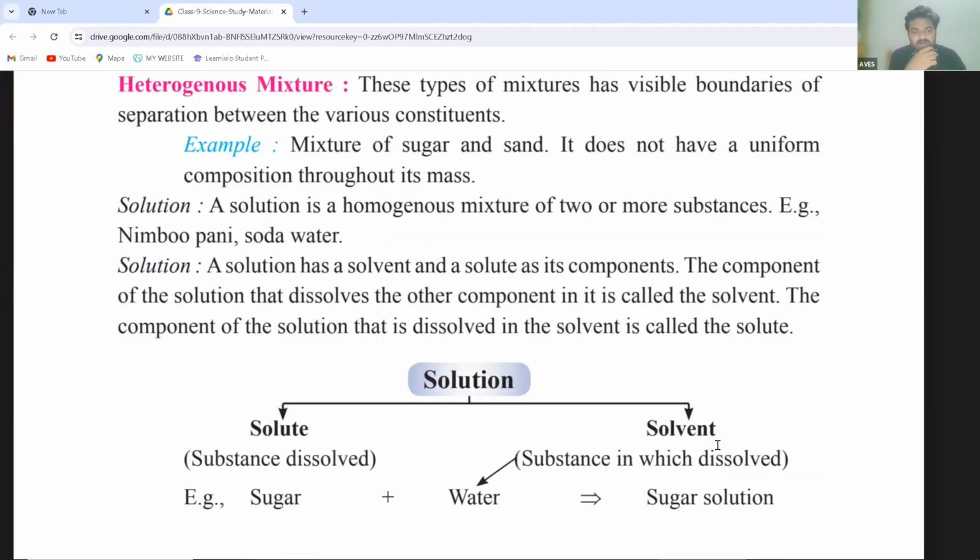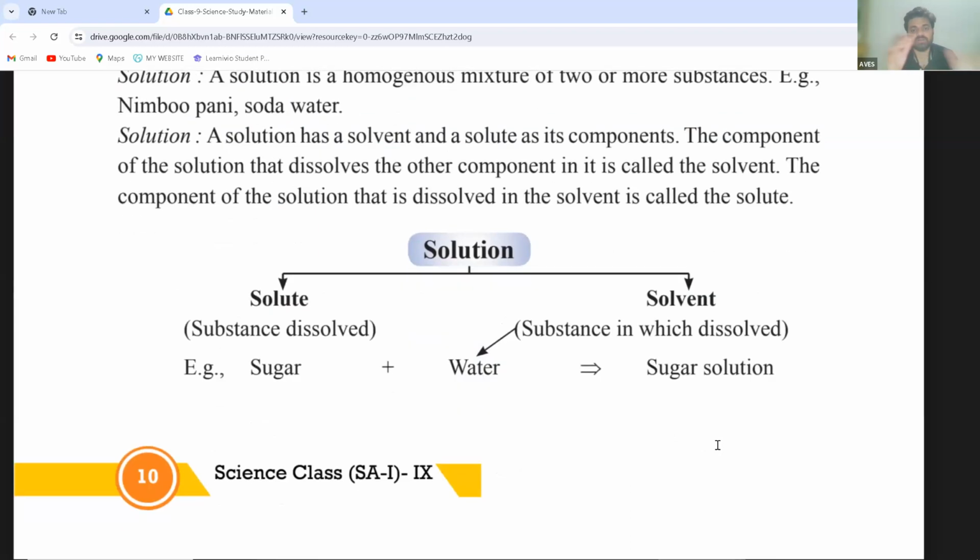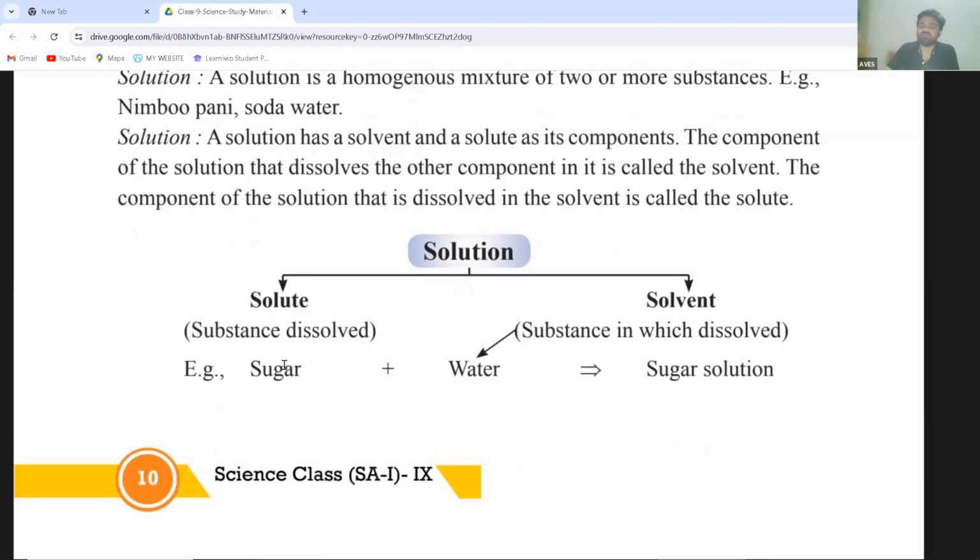Solute means the substance that is being dissolved, and the solvent is that in which it is dissolved. We generally assume this, but the actual definition is that the solvent is the substance which has the same state as that of the solution.